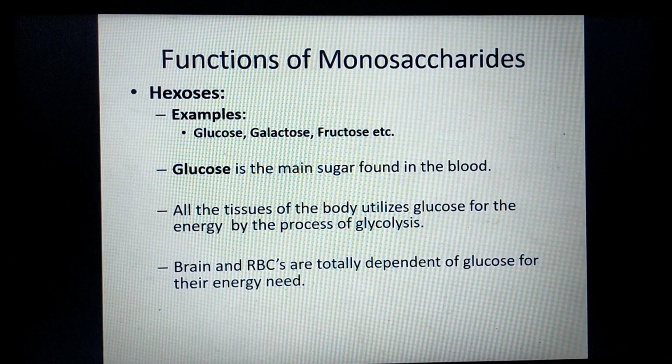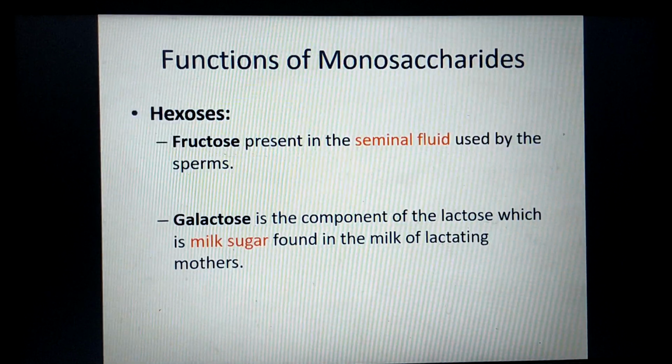Hexoses. The important hexoses are glucose, galactose, fructose. All of us know that glucose is the main sugar found in the body. All tissues of the body utilize glucose for energy purposes. Brain and RBC are totally dependent on glucose for their energy need.